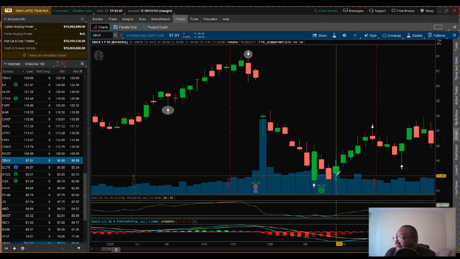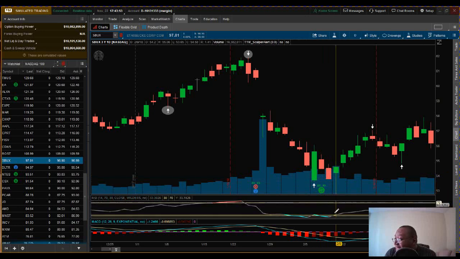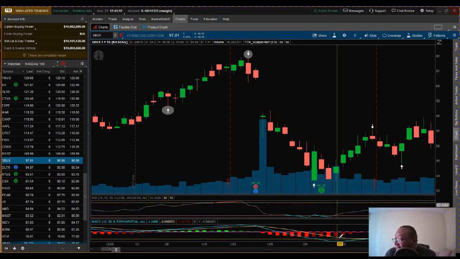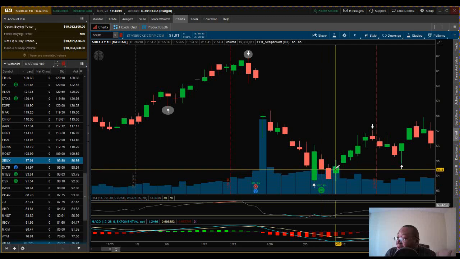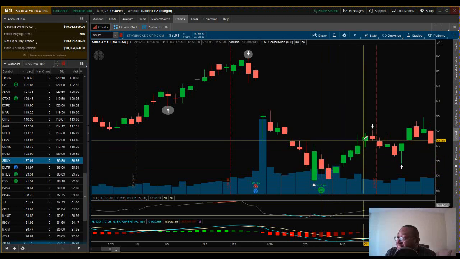Look at how it lines up with the MACD and the RSI. RSI going up here. MACD, the line is changing to an upward trend, right? So we would have jumped in right here, still would have made money.